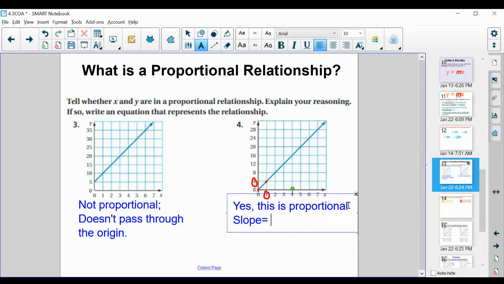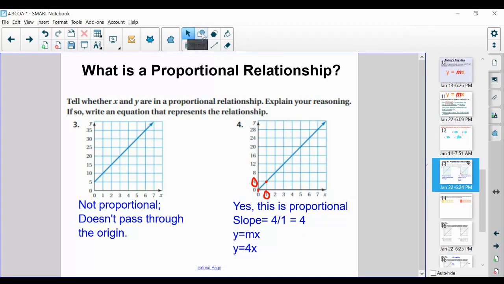Slope is equal to 4 over 1, which we know is just equal to 4. Now that we've identified the slope, let's write an equation. Well, we know it's y equals mx, and we know that our slope is 4, so y is equal to 4x. That's it. Our final answer here is y is equal to 4x.